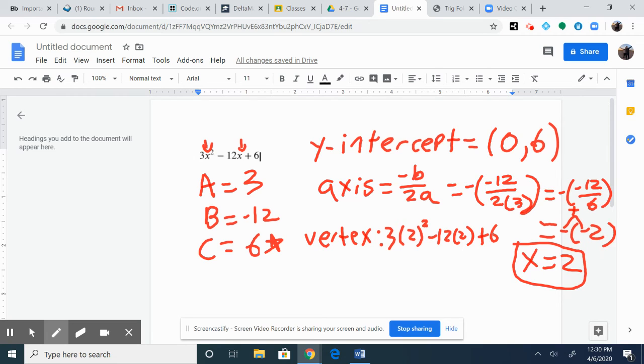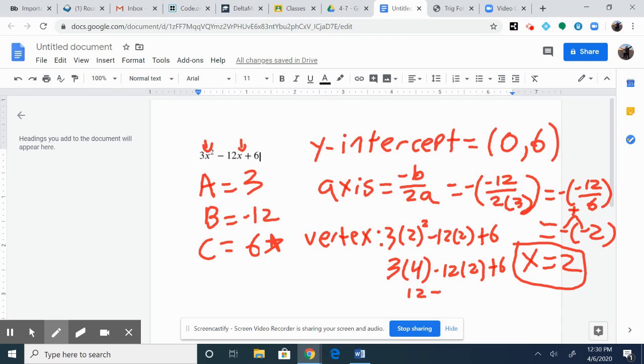And so what we first need to do is our order of operations. The first thing that goes is our exponent. That would be 2 squared, which would give us 3 times 4. So now we multiply from left to right. 3 times 4 would be 12.